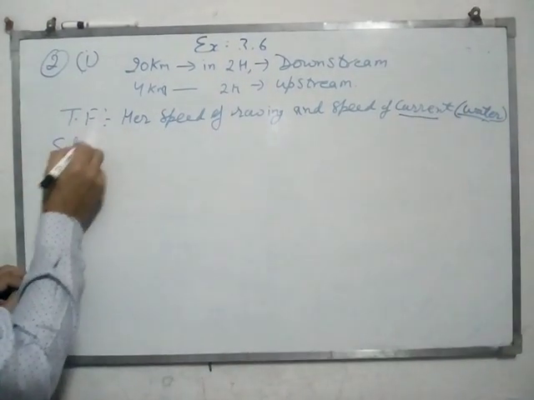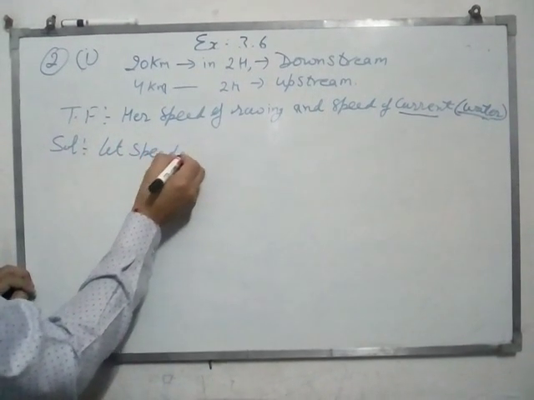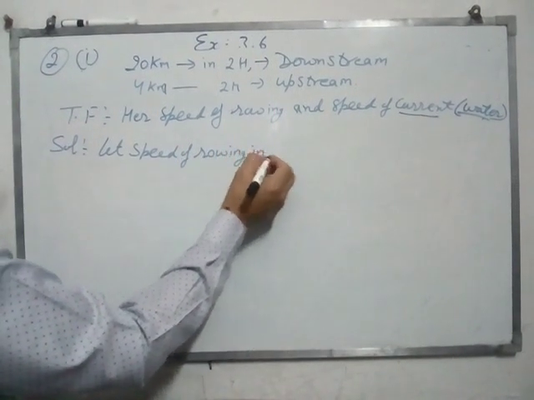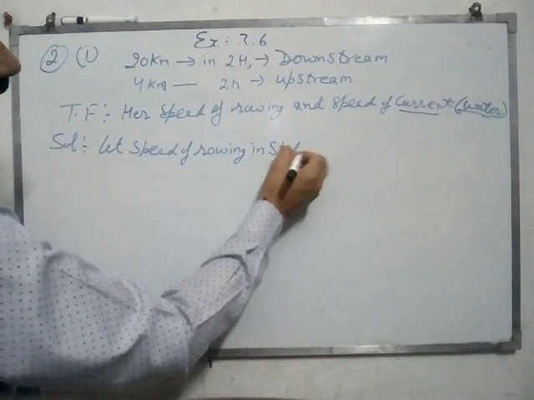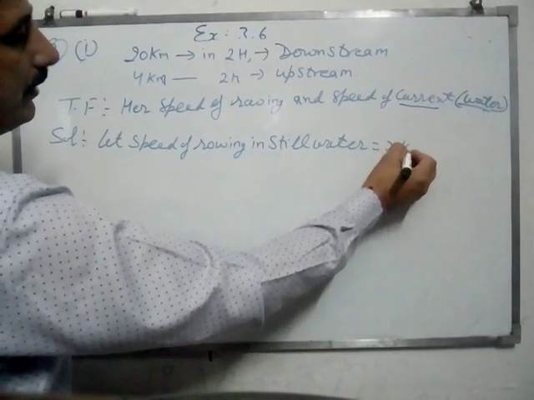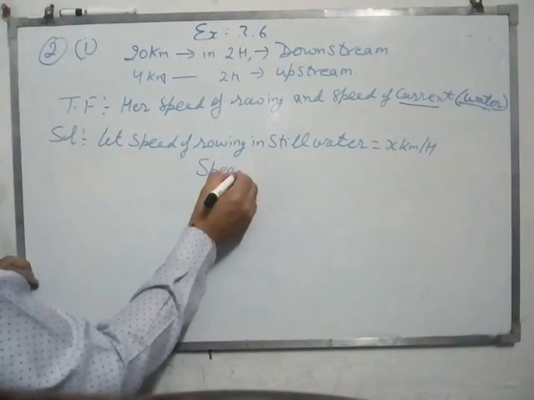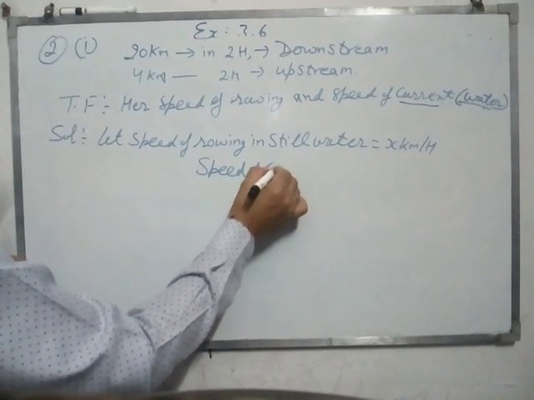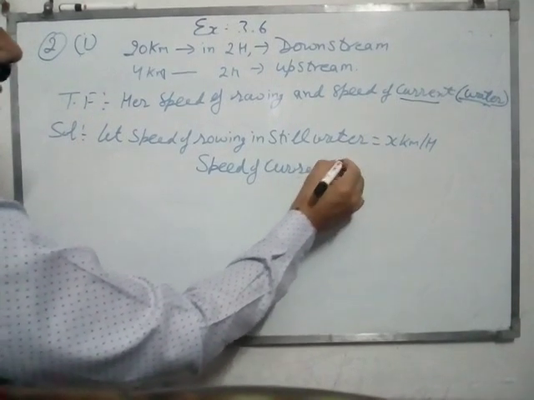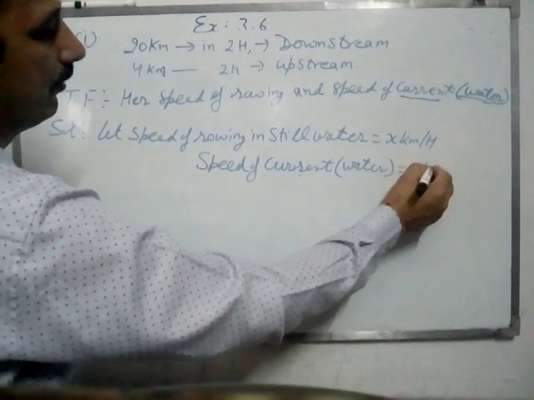So look at the solution. Let the speed of rowing in still water be x kilometers per hour, and the speed of current, it means speed of water, be y kilometers per hour.